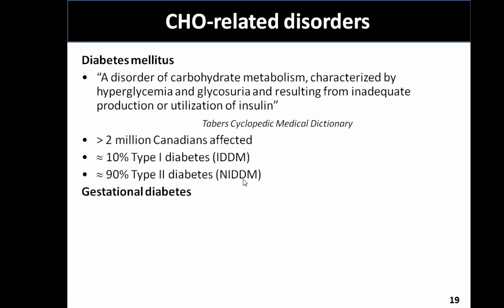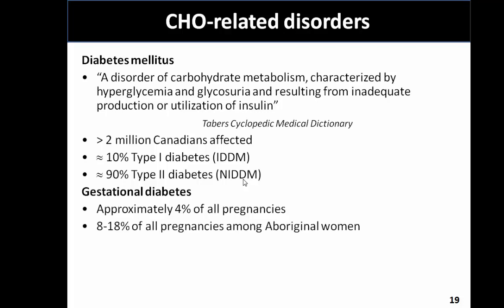A third type that we'll discuss briefly at the end of this unit is gestational diabetes, which is the same disorder of carbohydrate metabolism, created as a result of pregnancy. Approximately 4% of all pregnancies result in gestational diabetes, and that prevalence is higher among Aboriginal women.